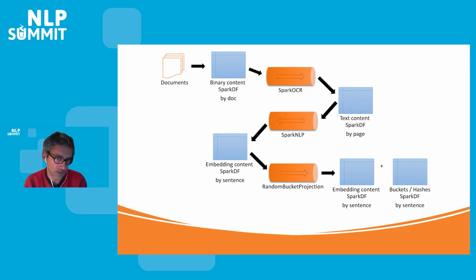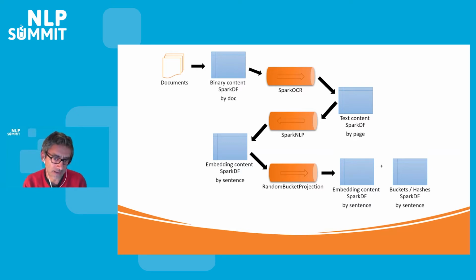Once you have that, you will transform with the help of Spark NLP, and then you will represent every sentence of those documents as a set of embeddings, a list of float numbers based on pre-trained language models, specifically pre-trained for dealing with biomedical content. Once you have these sentences semantically represented by BioBERT embeddings, we will use this bucketed random projection to get a couple of things.